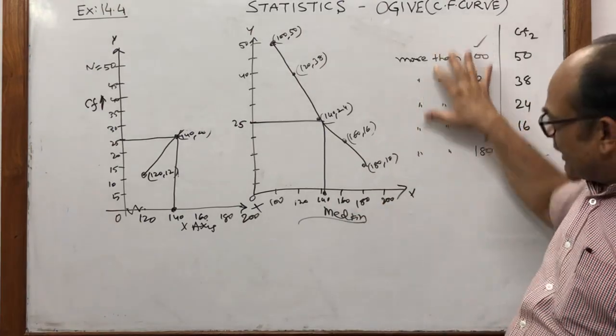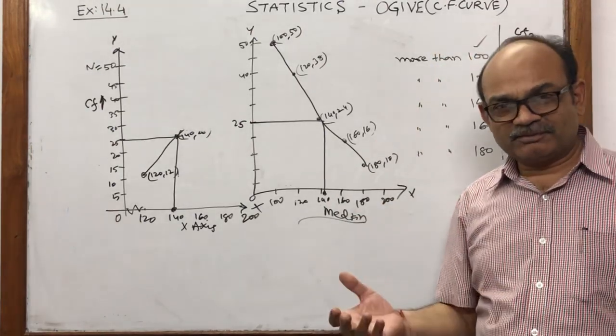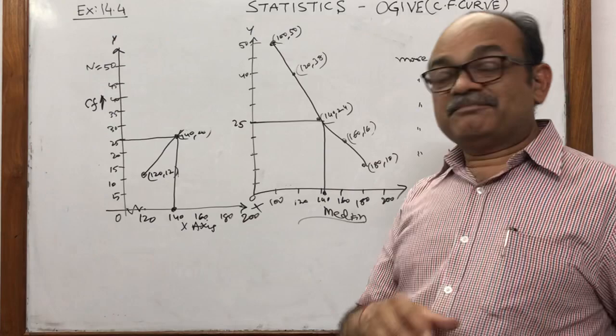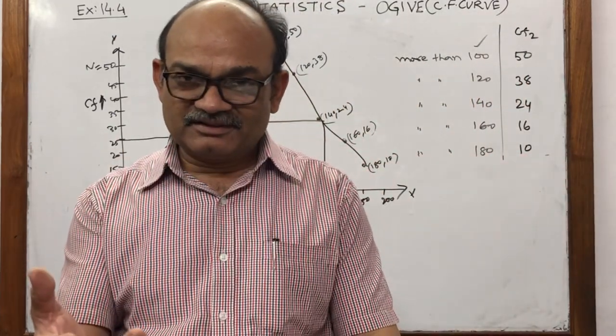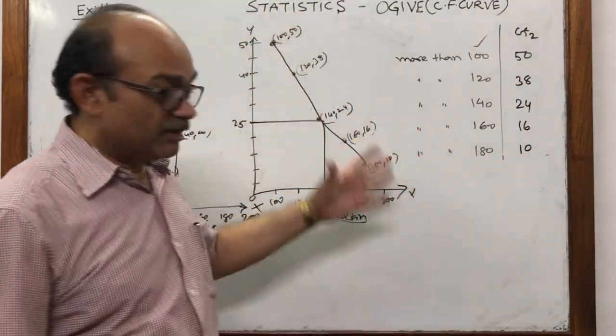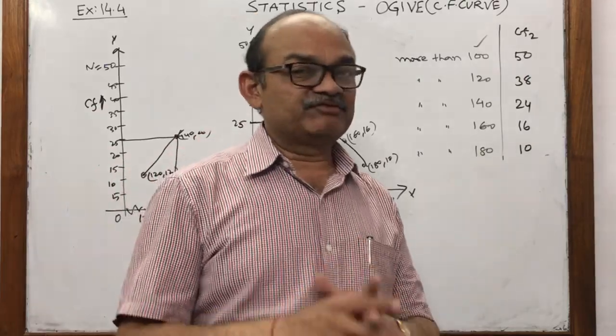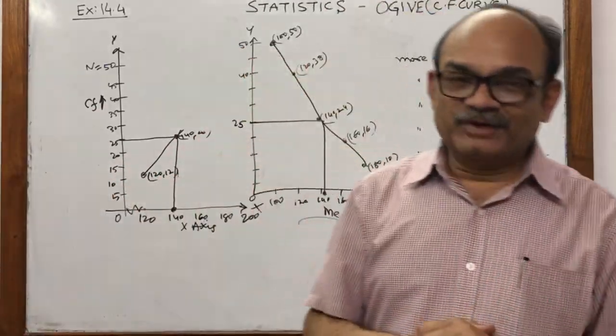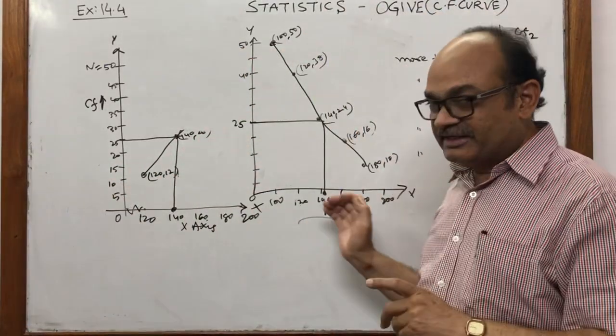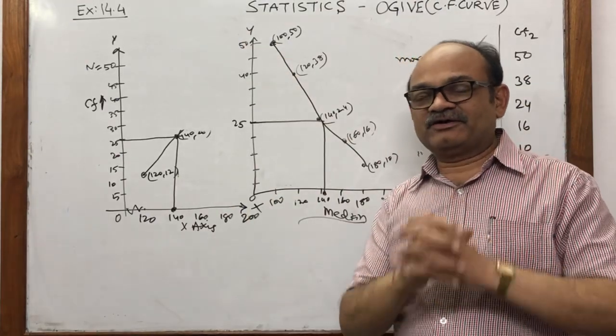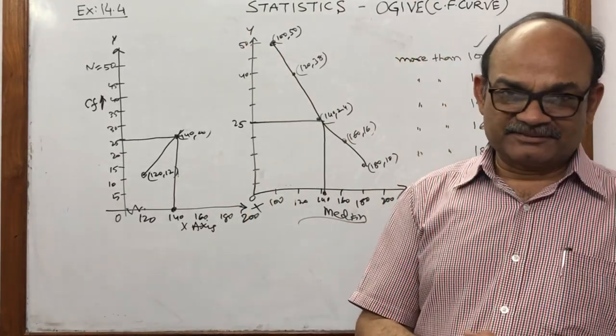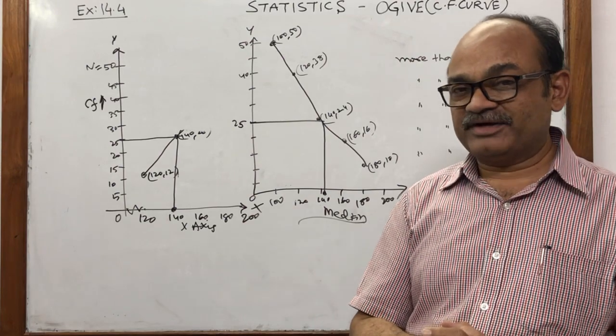Sometimes they will give you this table directly, no problem, आधा काम आसान. Sometimes they will give you the less than table directly, you have to draw. But when they give the class interval, you have to convert it into more than table and less than table, then only you will solve the complete answer. So what are the three important points?